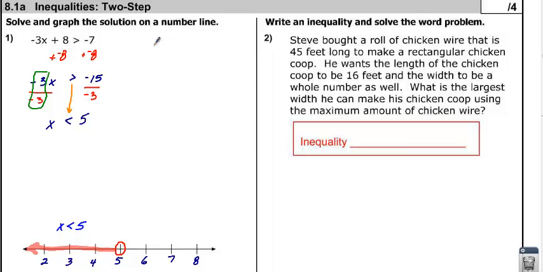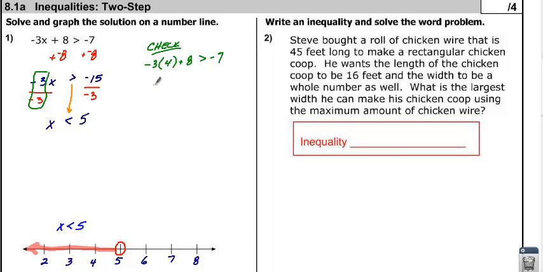Now we can do one last thing. We can check this work just like we would check an equation. We're going to pick one of the numbers that falls beneath the line that we drew. So let's pick the 4, and we substitute that back into the inequality. So we have negative 3 times 4 instead of x, plus 8 is greater than negative 7.